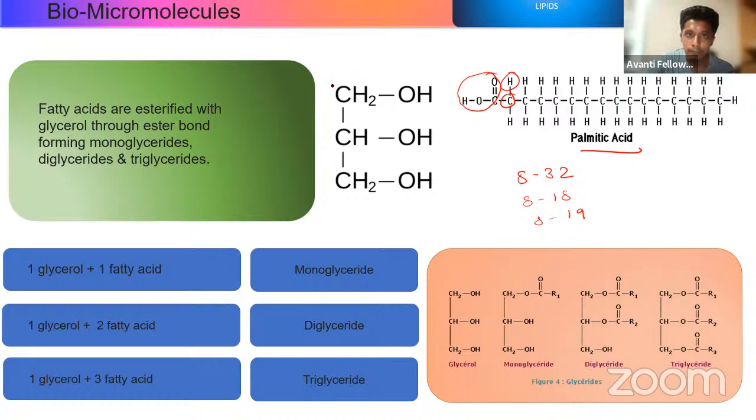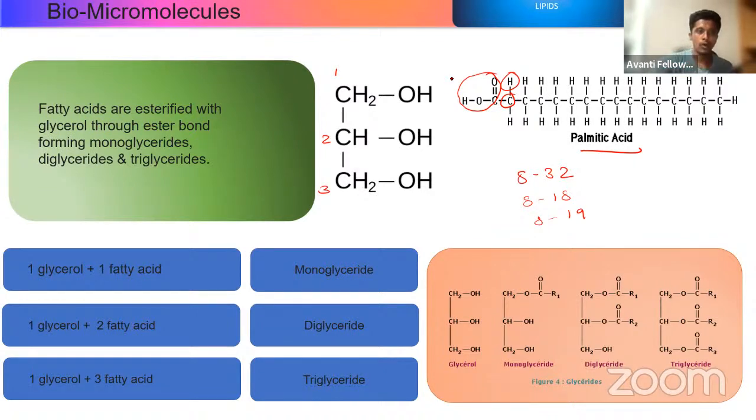To this glycerol, a fatty acid chain will come and join with it, and when it joins, we get what we call monoglycerides, diglycerides or triglycerides. These are nothing but fats.